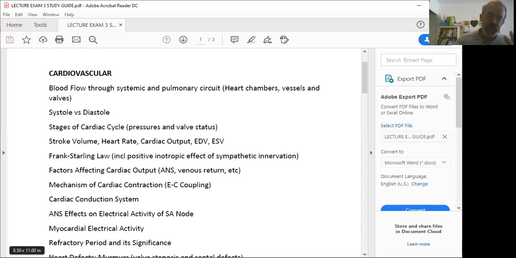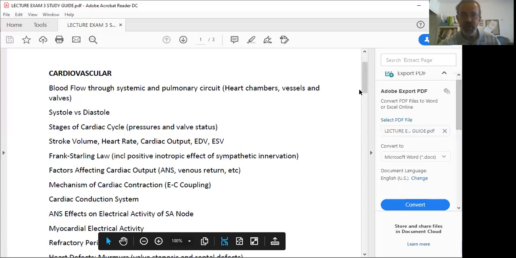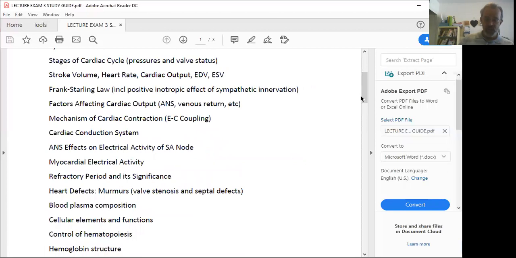Even though there's a built-in rate of activity of the SA node, it is influenced, of course, by the autonomic nervous system, so you should know how it's influenced. Remember, we spoke about depolarization, hyperpolarization. So you should know what the action potential looks like in an SA node, what an action potential looks like in the myocardium or the muscle, the significance of a refractory period.